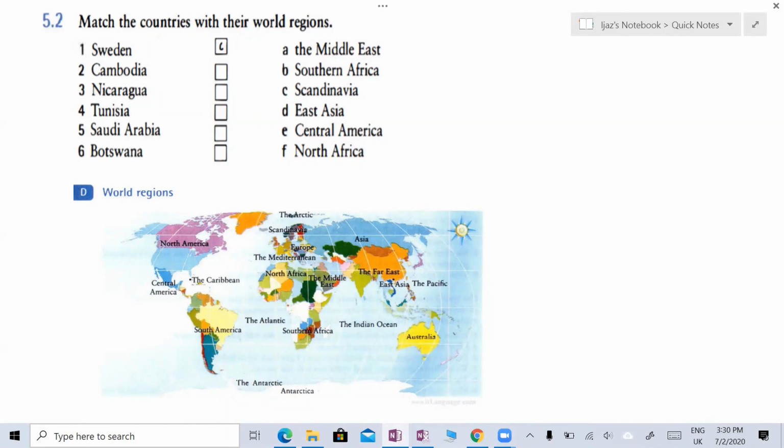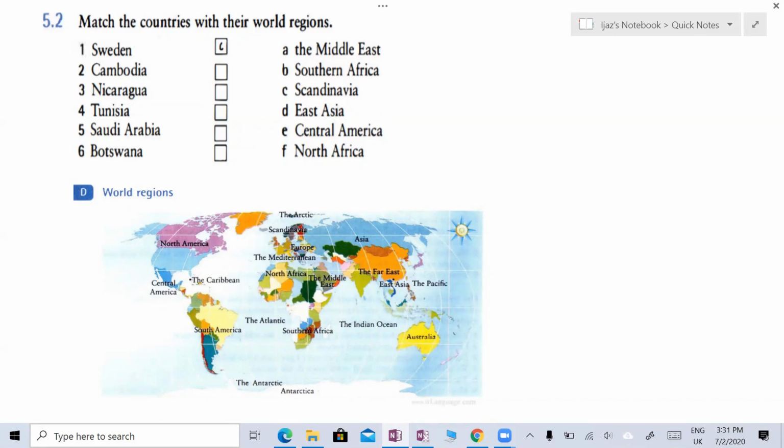One or two I don't know, and one or two I know very well. For example, I have a very good friend who lives in Botswana, so from that I know where Botswana is. The present country where I live is Saudi Arabia.